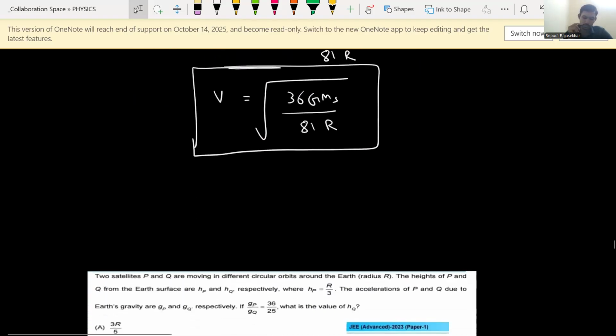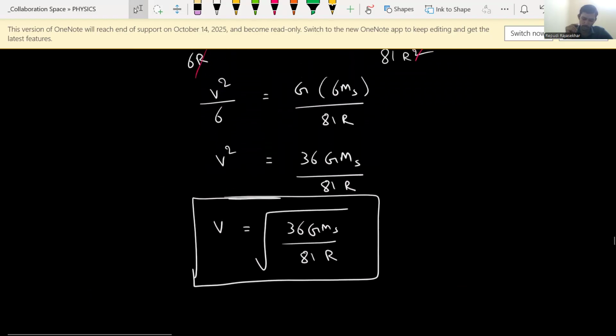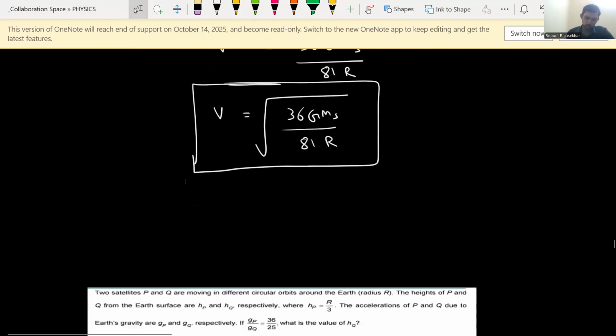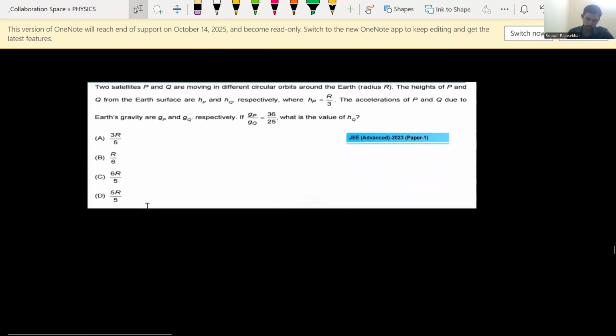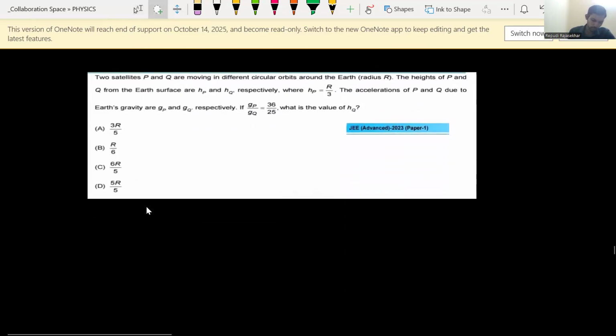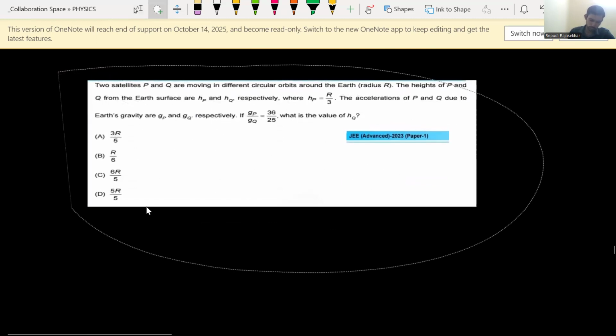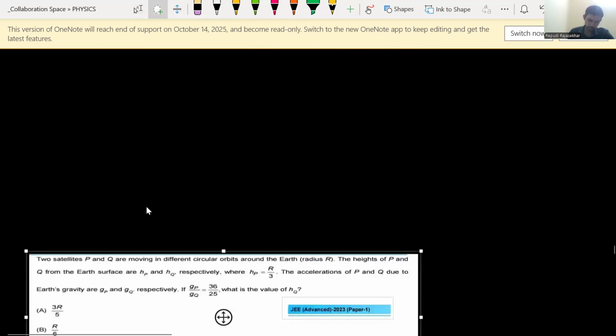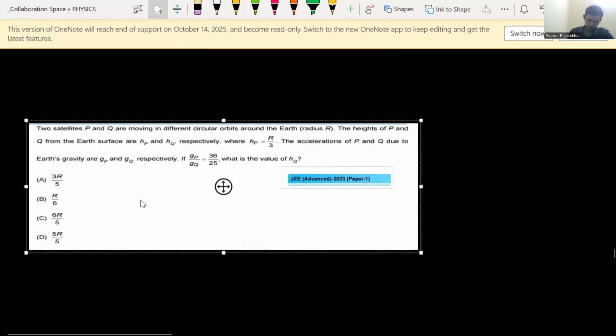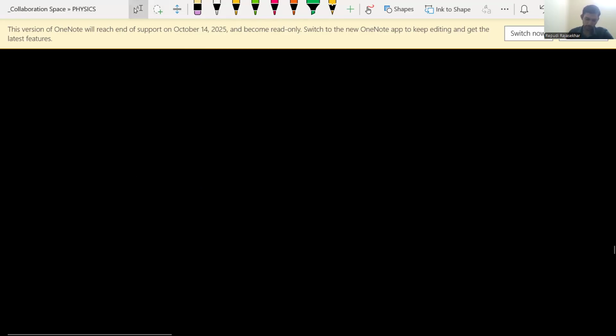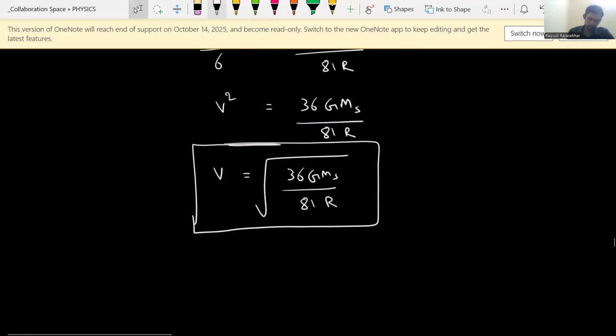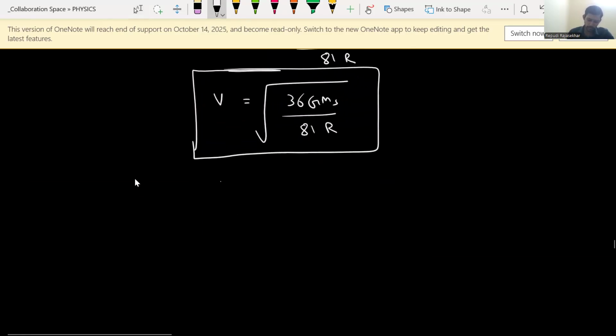Time period they are asking, so what is the formula for time period? T equals 2 pi r divided by v. So this is 2 pi into r value.